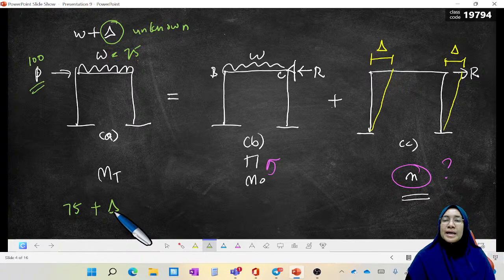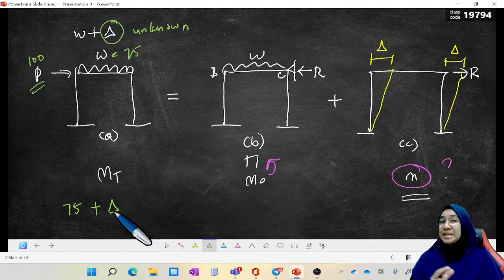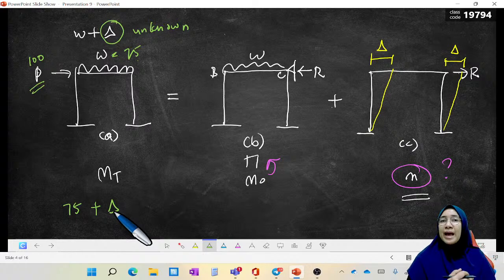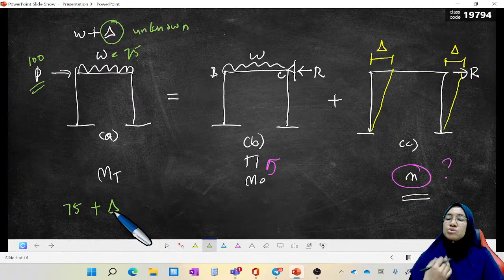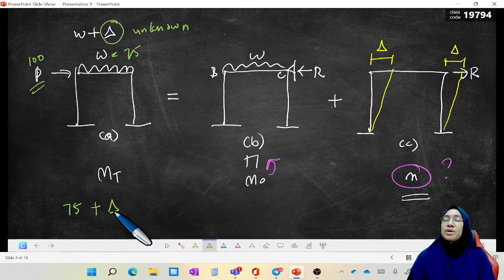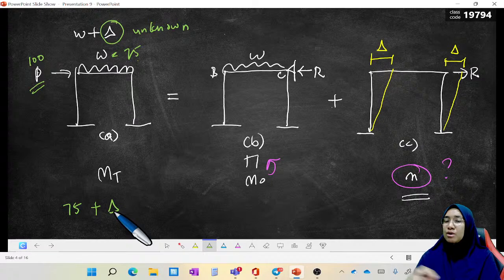In order to calculate FEM due to external loading only, what we should do is change the original frame to a properly restrained frame.